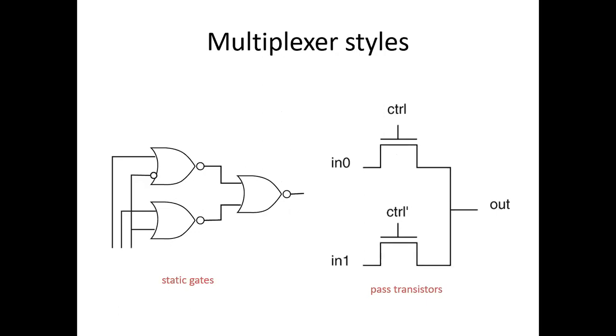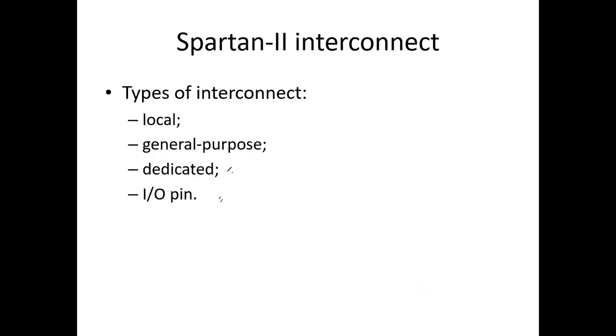And you know, the design is made through the multiplexer base. So based on that, they have interconnect logic. This is also using the pass transistor. They have 4 types of interconnect in case of the Spartan 2: SRAM based, local, general purpose, dedicated and IO pin.